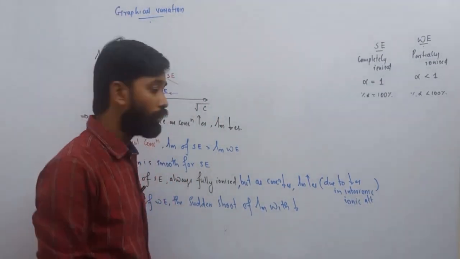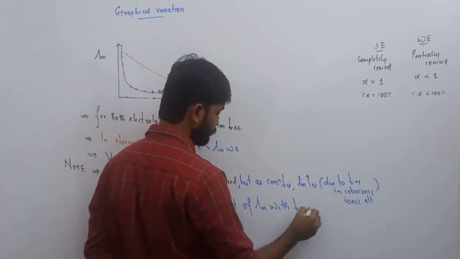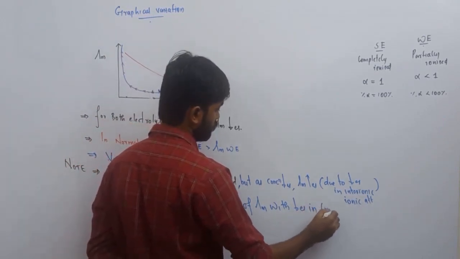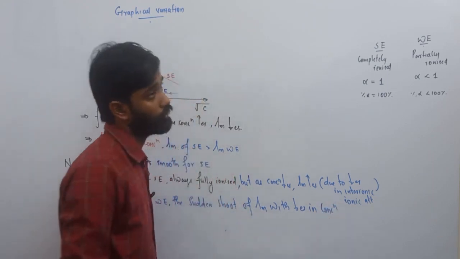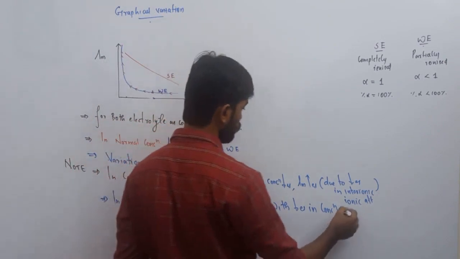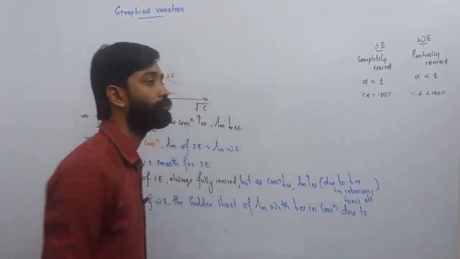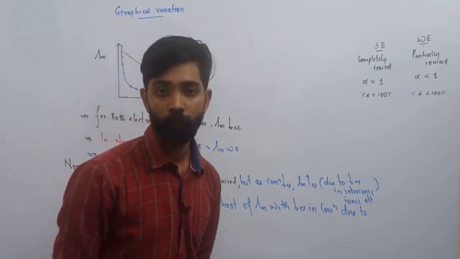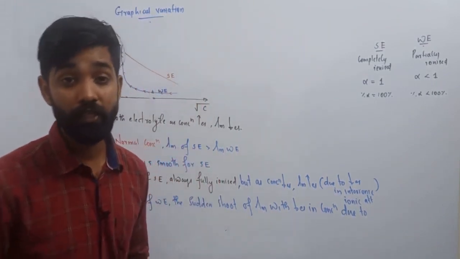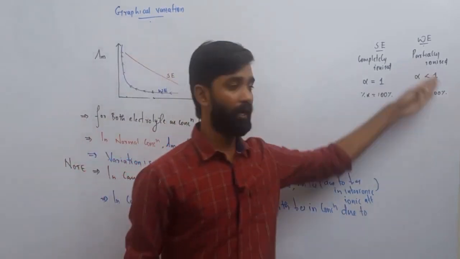Why is it so? It is due to the increase in degree of ionization, because we know that a weak electrolyte is not fully ionized.